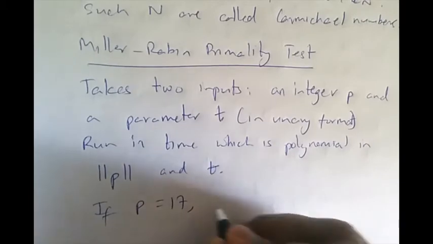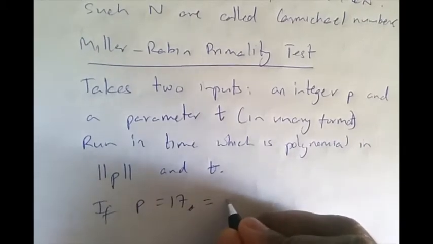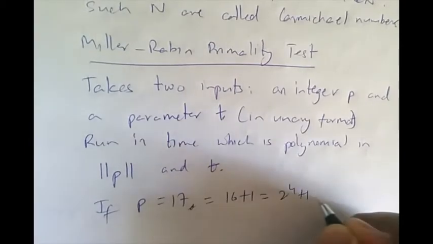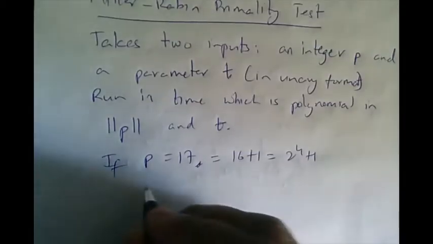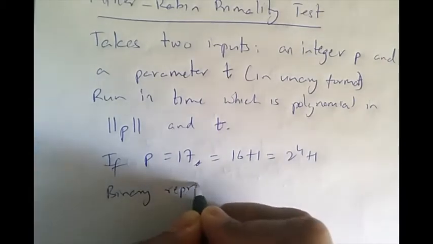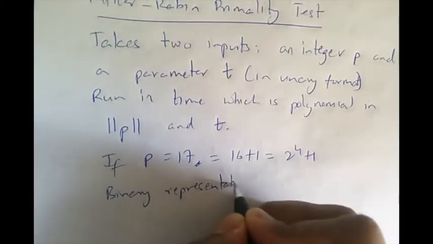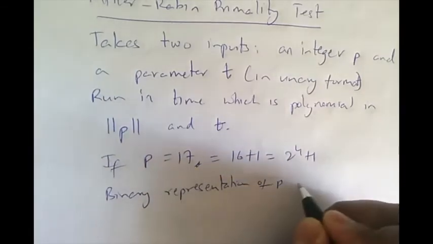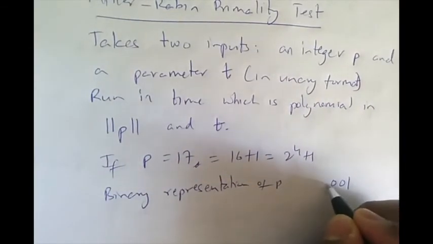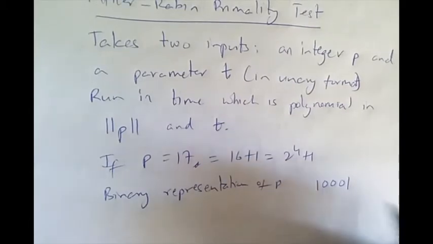So let's do this. It is 16 plus 1, so 2 power 4 plus 1, right? So the binary representation of p is 1, and then 2, 4, 8, 16, right?